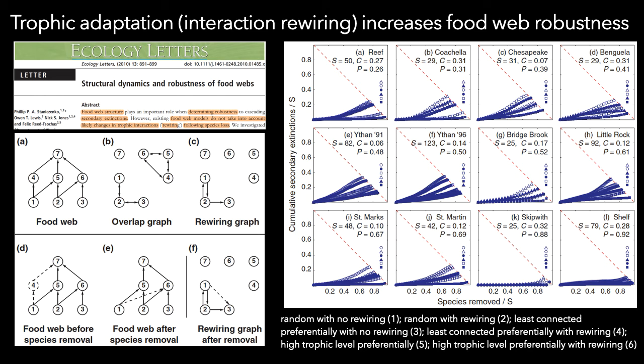Now let's look at D, and let's consider the removal of species 4 from the food web. We can see here that the prey links of the removed species can then be considered for rewiring. In E, we have the food web after species removal.